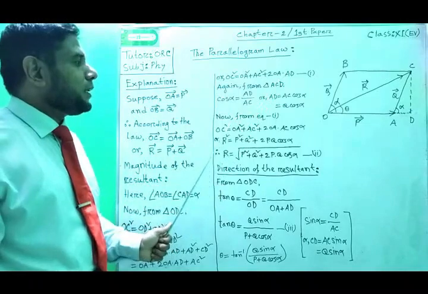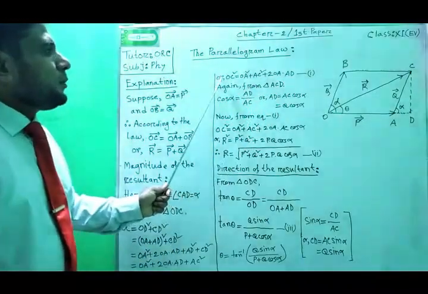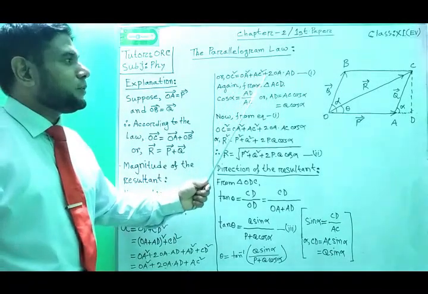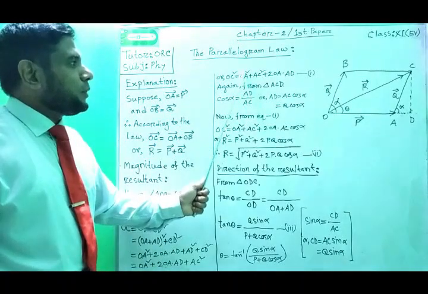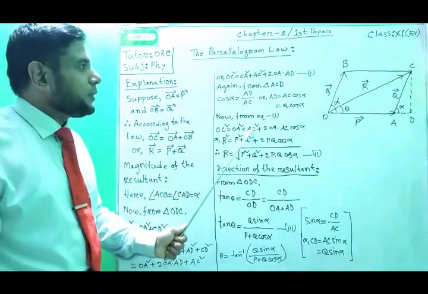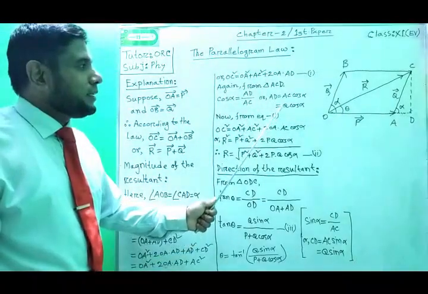According to equation 1, OC square equals OA square plus AC square plus 2 OA into AD.